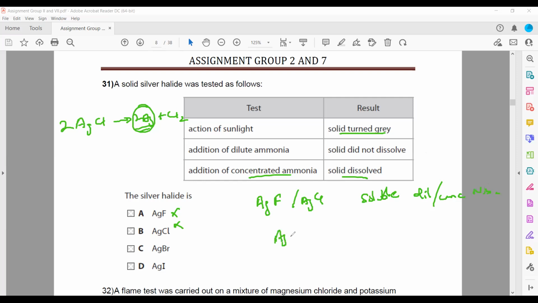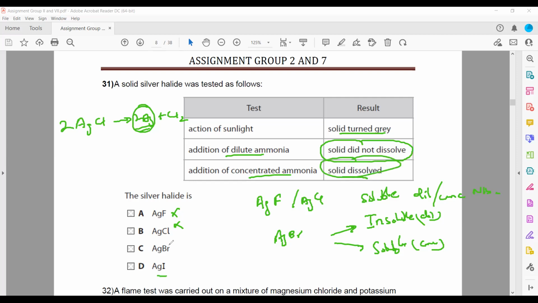When we have silver bromide, it is insoluble in dilute and it is soluble in concentrated. So in concentrated it dissolves, but in dilute it does not dissolve. So when we add dilute aqueous ammonia, the solid did not dissolve, but when we add concentrated, the solid dissolved. And silver iodide is insoluble in both dilute and concentrated.